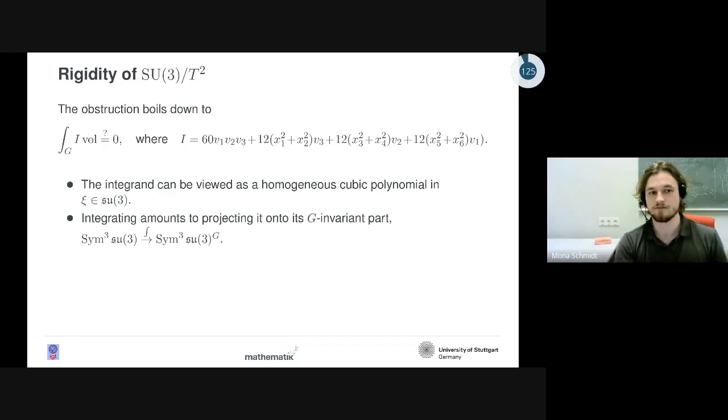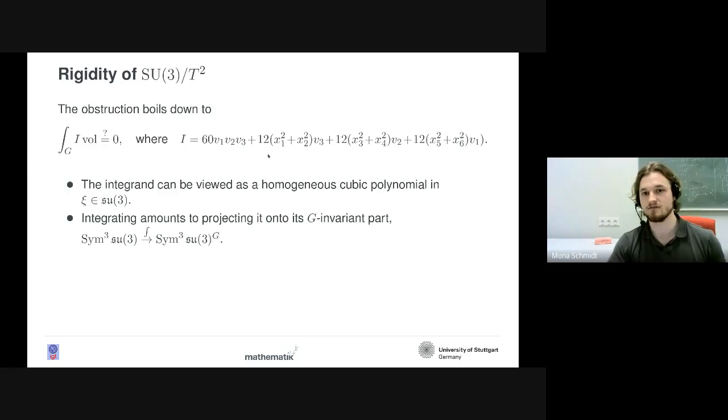And now if we integrate this over the Lie group G, this simply amounts to projecting it to its G invariant part, because everything that's not G invariant will simply integrate to 0. So we would go from the third symmetric power of SU3 to the space of G invariant elements in this.